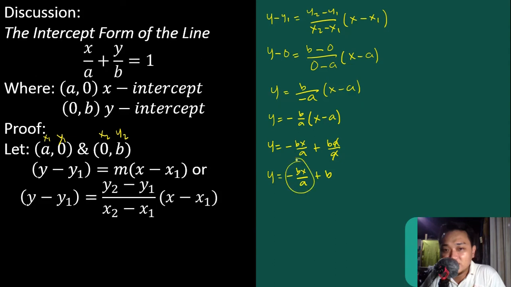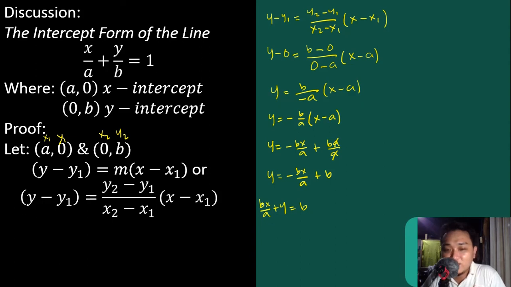Now, let us transpose this. Transpose that rational algebraic expression to the left side of the equation. We have positive bx over a, then positive y, so bx over a plus y is equivalent to b.